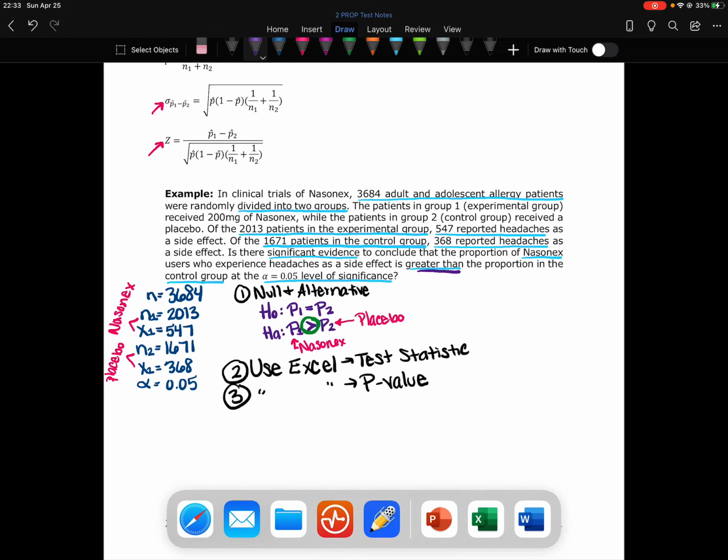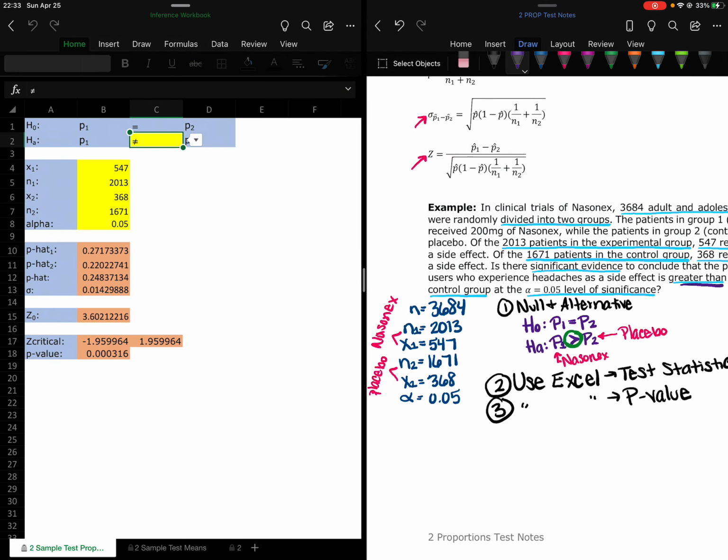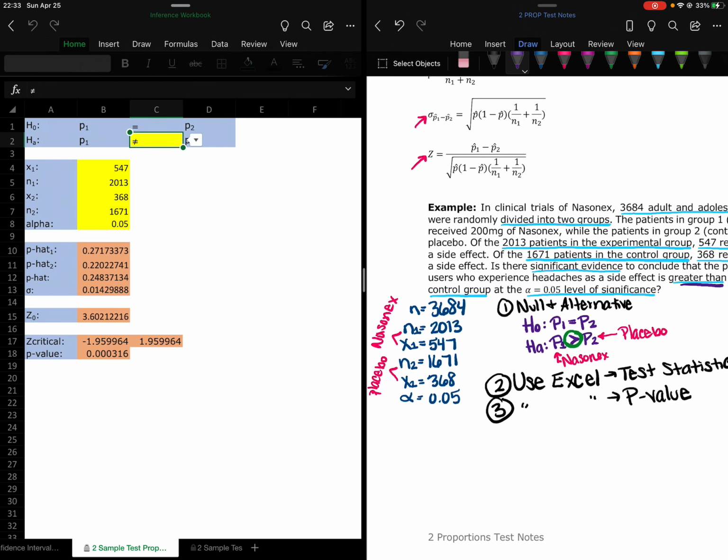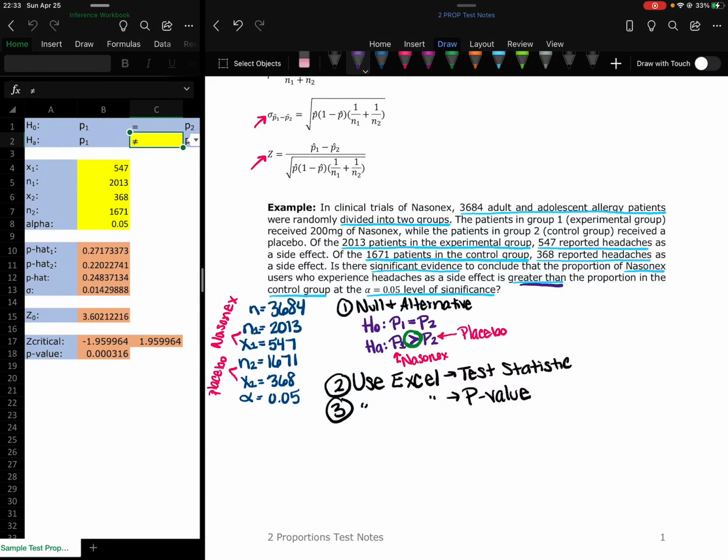So let me go ahead and pull up Excel. I already have all of the data plugged in. So on our Excel file, scrolling down at the bottom, we had our table of contents. And then if we keep scrolling, we'll see 2 sample test proportions. So this is a 2 sample test because I've taken a sample of people on Nasonex and a sample of people getting the control medication.